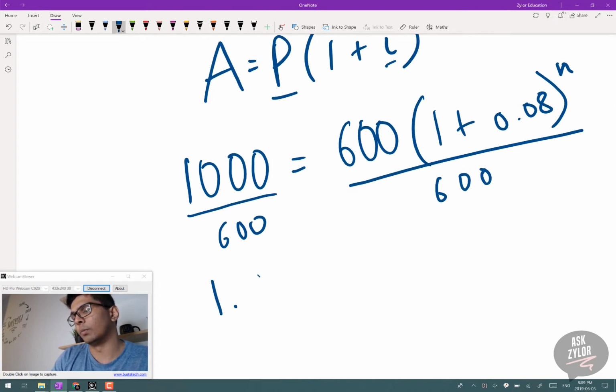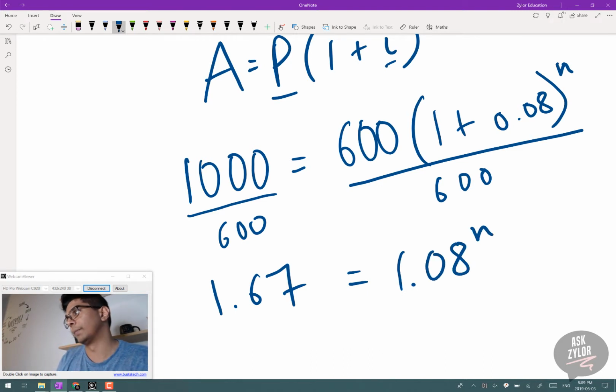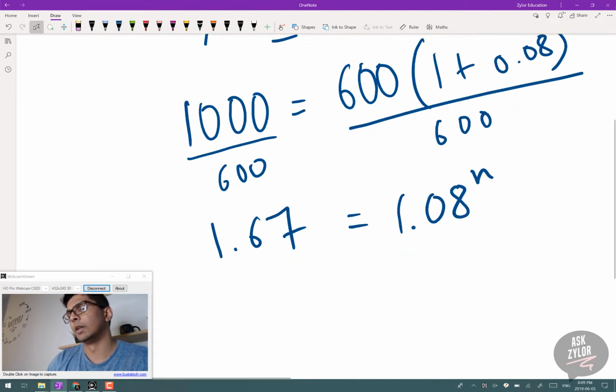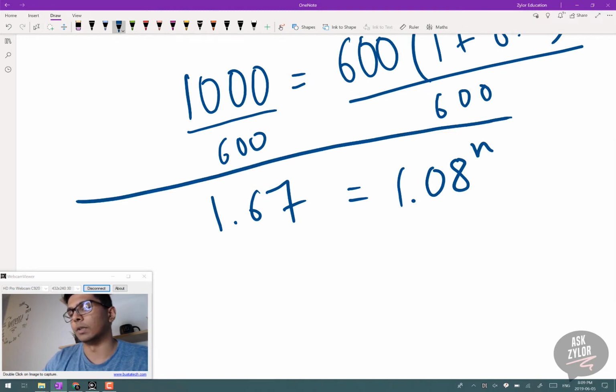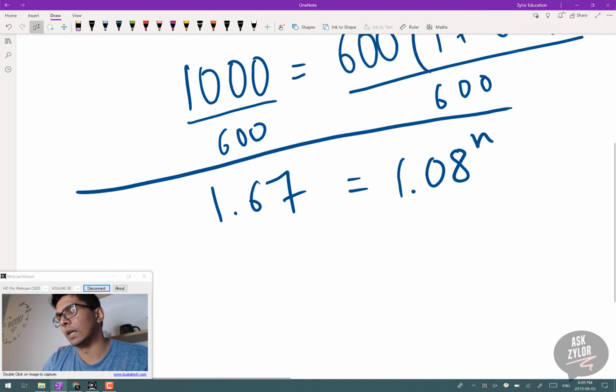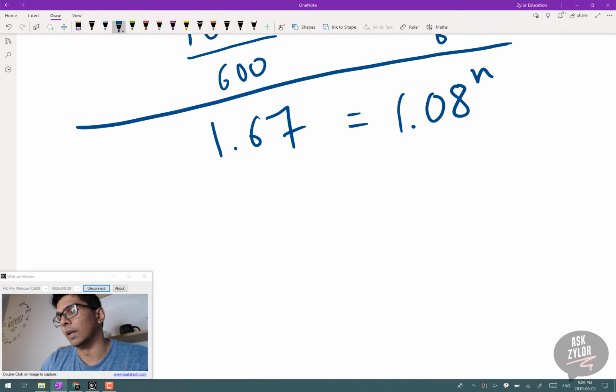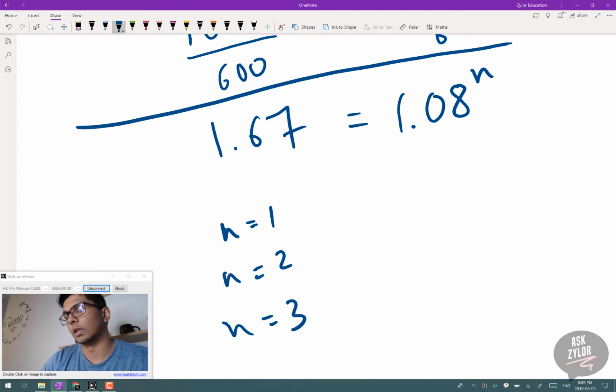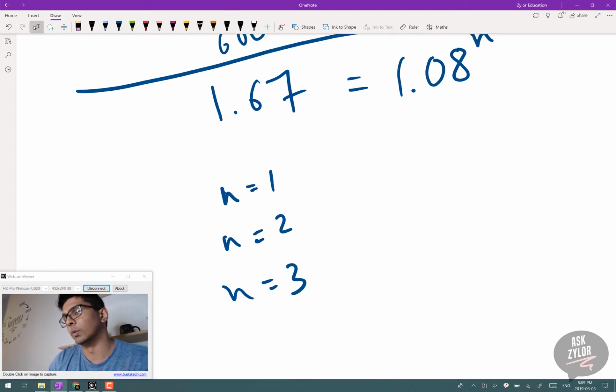So I have 1.67 is equal to 1.08 to the power n. Right. Since this is a grade 11 question, we can't use logarithms yet. So that means we have to guess the number for n until we come up with the right answer. Right? So we're going to try n is equal to 1, n is equal to 2, n is equal to 3, and so on, until we get close to 1.67.